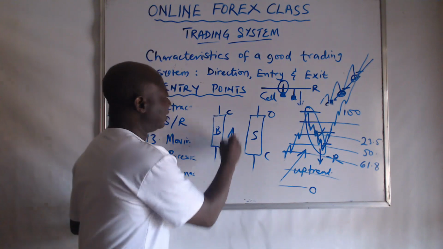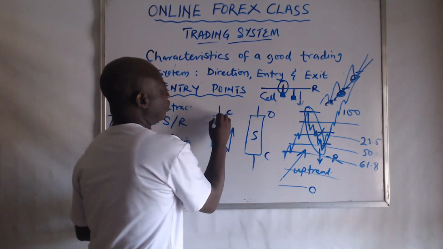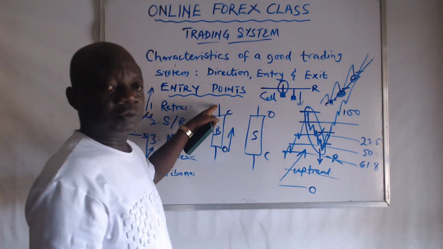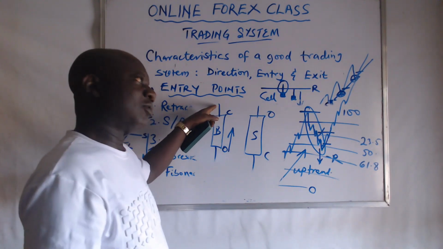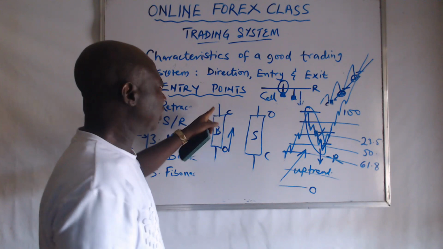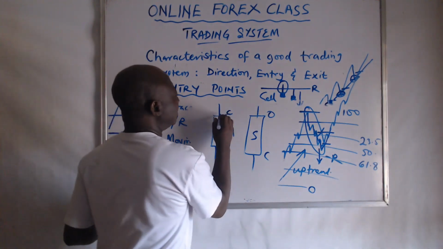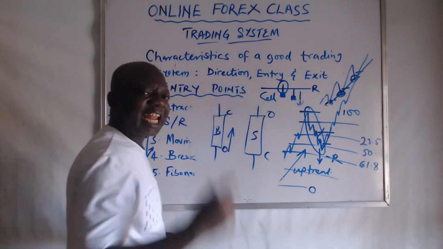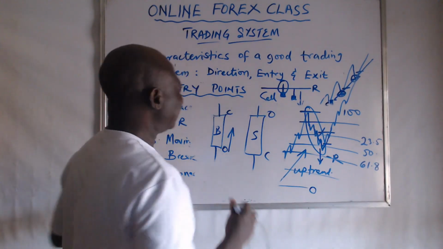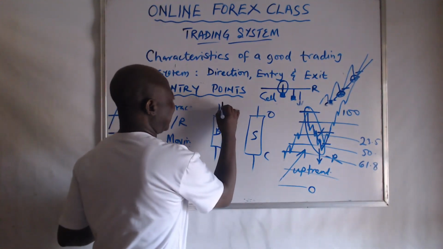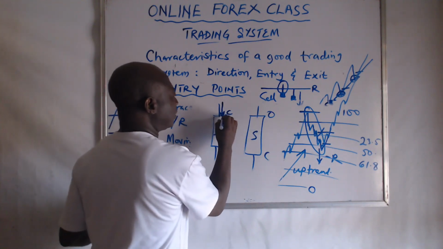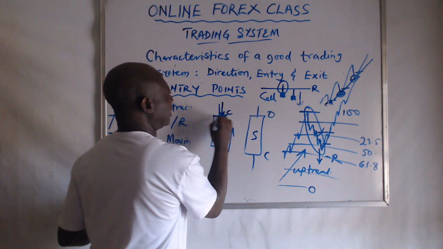So when it moves up like this one, you can see that we have what they call a spike, some people call it a horn, some people call it anything. By the time the buyers are moving the market upward, the sellers also struggle with them, and then they are able to move it back down here, and the candle closes here.